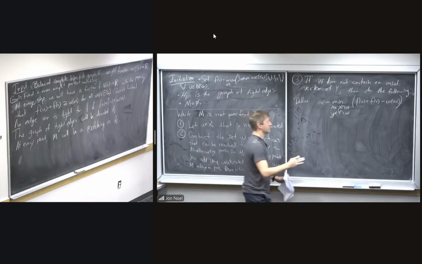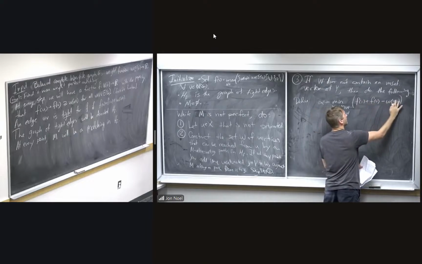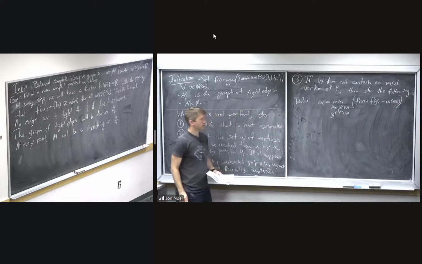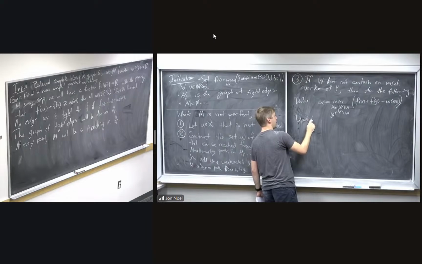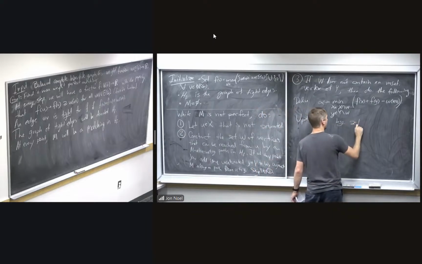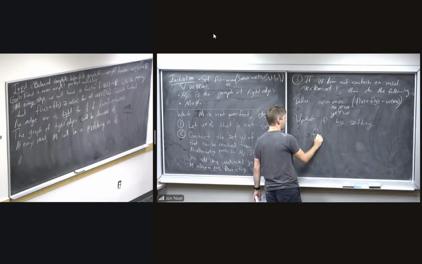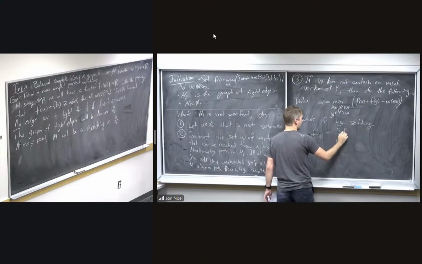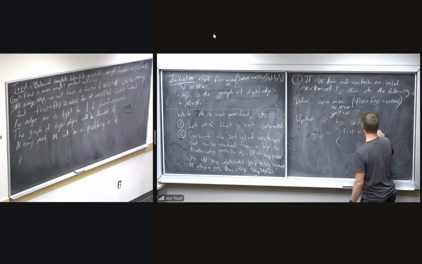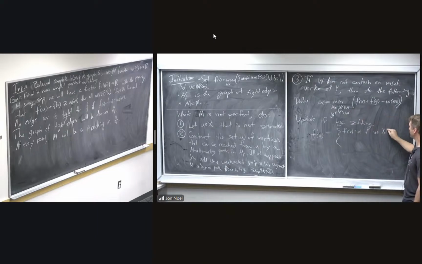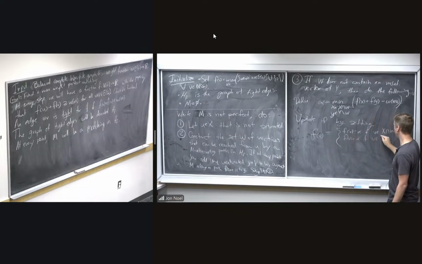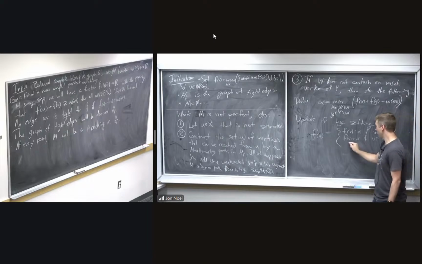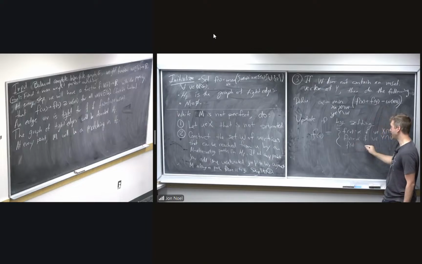Oh, sorry, this U and V should be X and Y. And update the function f by setting f of v equal to f of v minus alpha if v is in X intersect W. It's going to be f of v plus alpha if v is in Y intersect W. And it's just equal to f of v, so it doesn't change, otherwise.